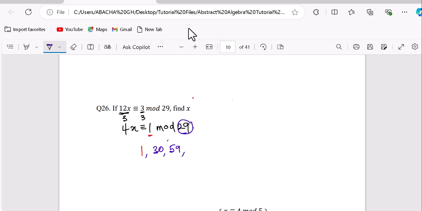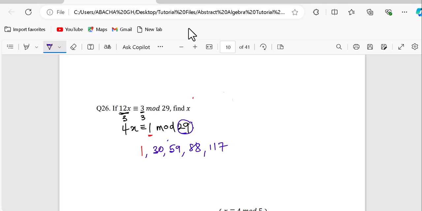If you add 29 again, 59 plus 29 gives you 88, plus 29 again, you're getting 117.